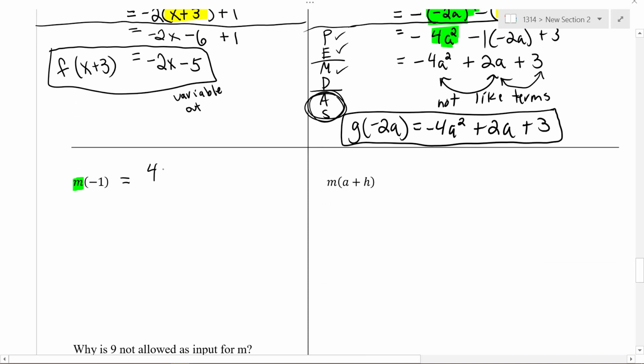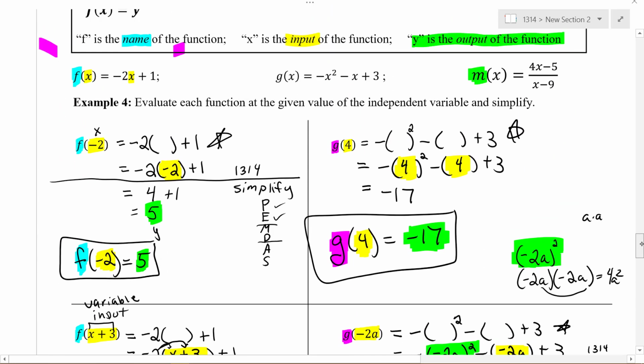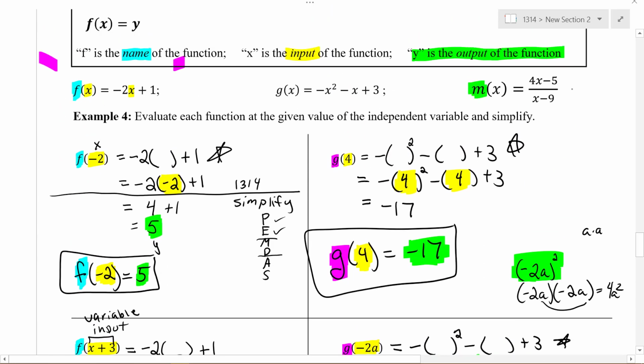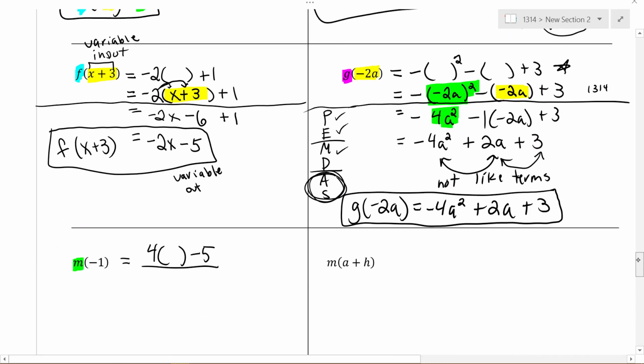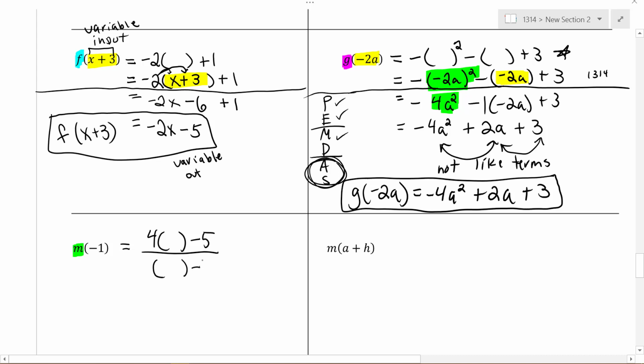So I'm going to write 4 times parentheses minus 5 at the top, and then divided by parentheses minus 9. Okay, that's the first step.